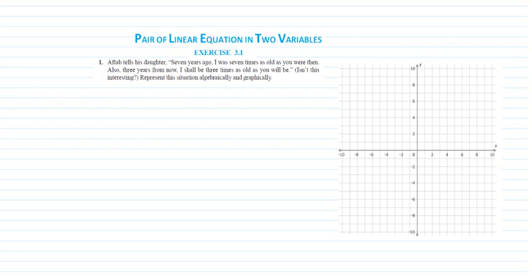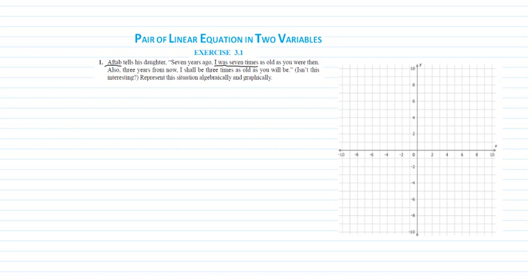In this type of situation, we first read the question. Aftab tells his daughter, 7 years ago I was 7 times as old as you were then. So there is information given about Aftab: 7 years ago Aftab was 7 times.